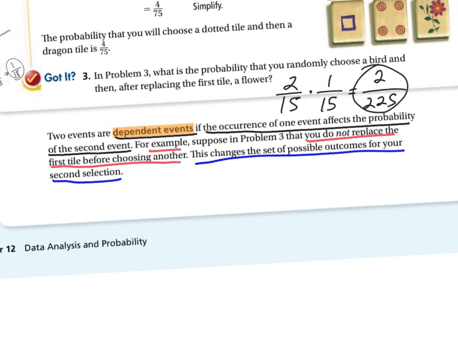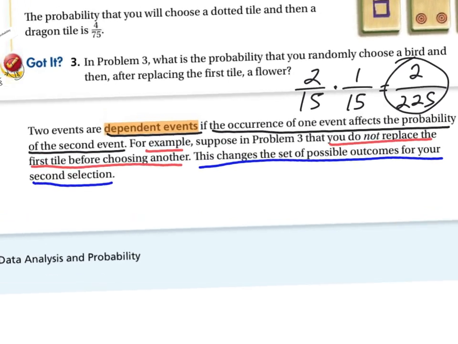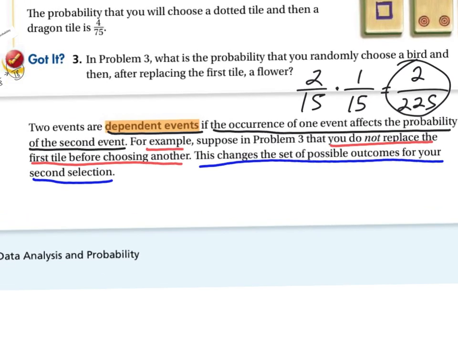Next thing we're going to talk about is dependent events. Dependent events is where one event affects the probability of the second event. So for example, we just looked at choosing tiles. If we would not replace the first tile and then we picked another one, then that's going to change the possible outcomes for the second thing that we get.